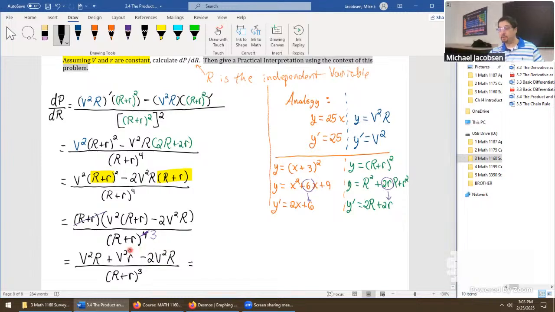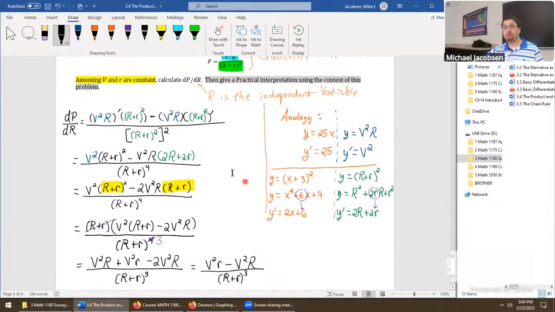I'll start by writing in the middle term, v squared lowercase r minus v squared uppercase R divided by R plus lowercase r cubed. So this step, all I've done is combine the like terms, v squared uppercase R minus 2 copies of them, to get negative 1 copy of that. And we finally have it, folks. That's our total derivative from the original expression.